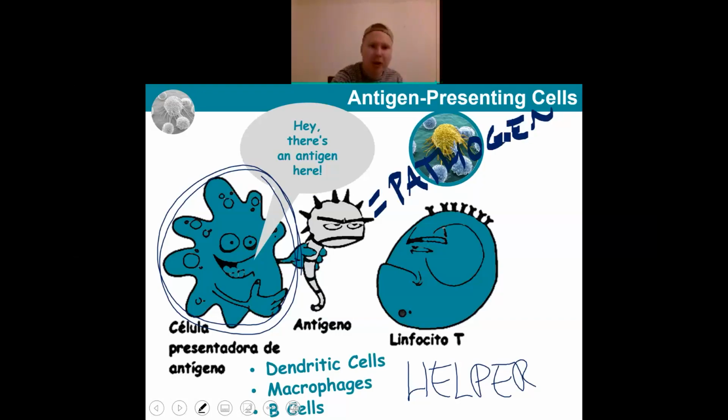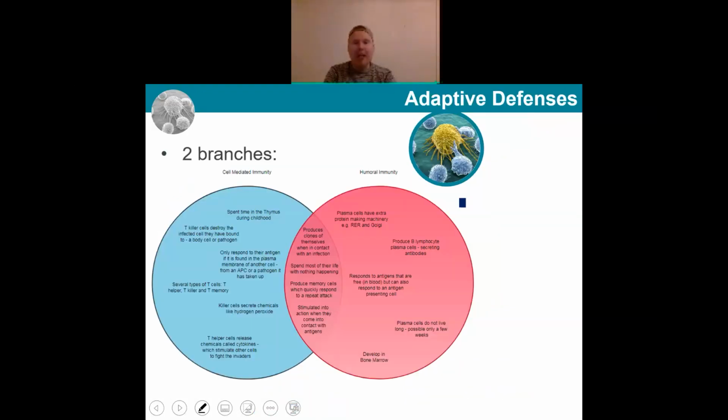They are only able to grab this pathogen and show it to other cells that can deal with it. They're only kind of tagging it: hey, here's something that we shouldn't have. Can someone come and deal with it? So they're called antigen-presenting cells. They just show that antigen to everyone else, and then these other cells come and deal with that pathogen.